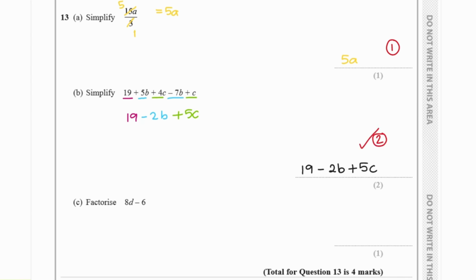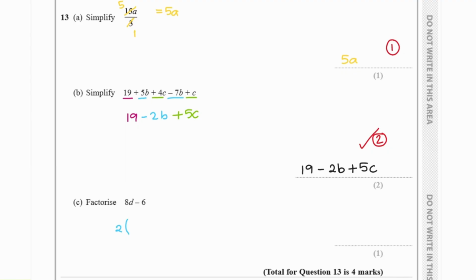So for this question, we would get 2 marks for correctly collecting all the like terms and getting a correct final answer. Part C, factorize 8d minus 6. So in order to factorize this, we would first factor out the highest common factor of 8 and 6, which is 2. And then we open the bracket and look at what we need to do to 2 in order to make it 8d.